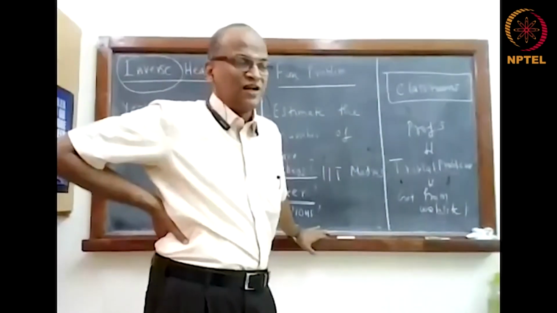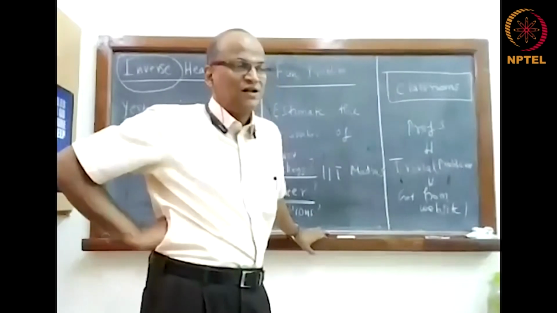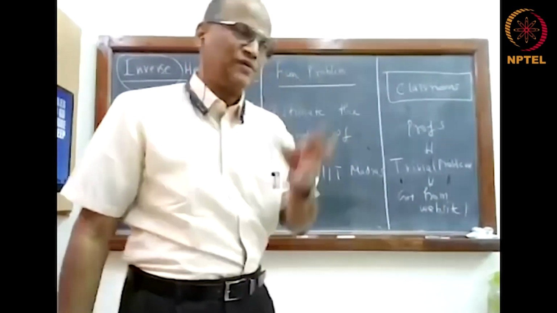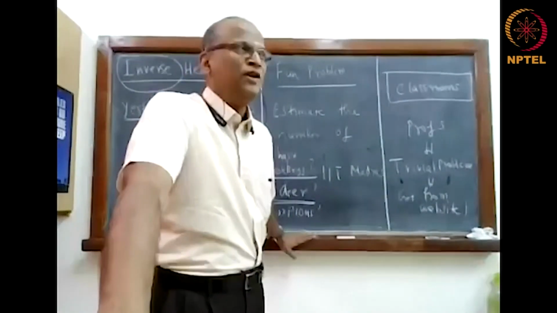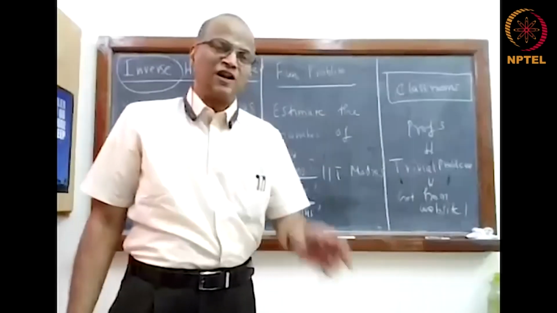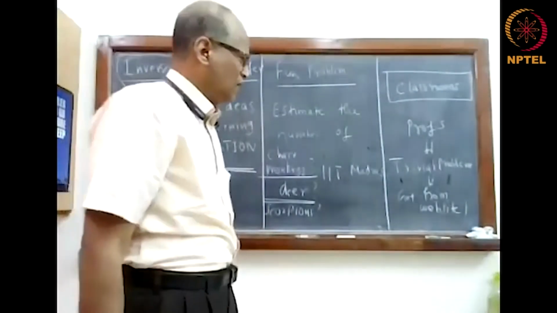How many students can a professor have? What is the normal average number of PhD students a guide has? How many courses are they teaching? A prof teaches on an average how many courses a year? 3 courses or 4 courses? What will be the class size? So there are various ways of approaching the problem. Is it okay?